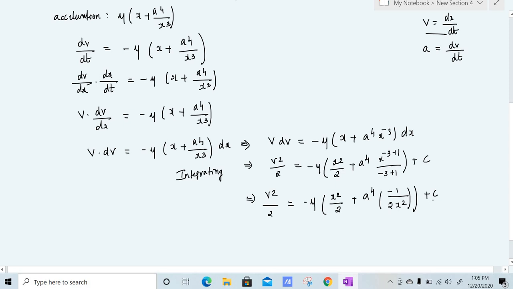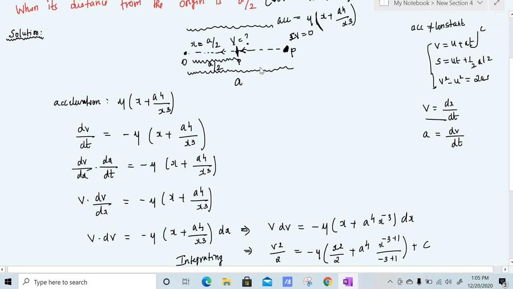Yes. Now we need to find the value of the arbitrary constant c. So how can we find c? To find c, we know that our initial velocity is 0.